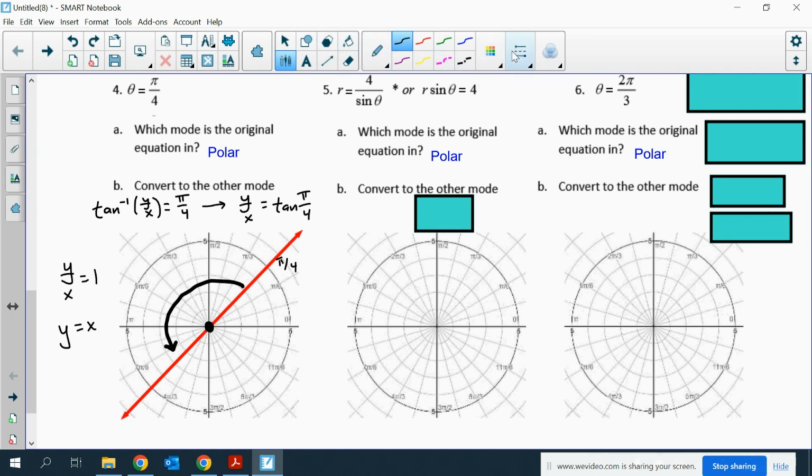So typically what we're going to do is we're going to say that anything that goes through the origin is symmetric to the origin, or what we call in polar coordinates, the pole.